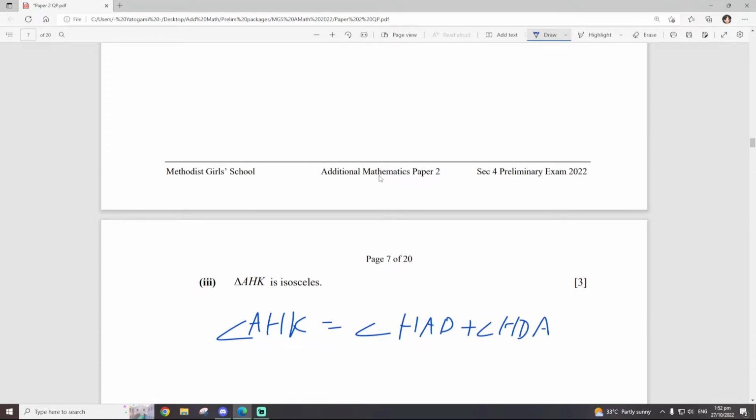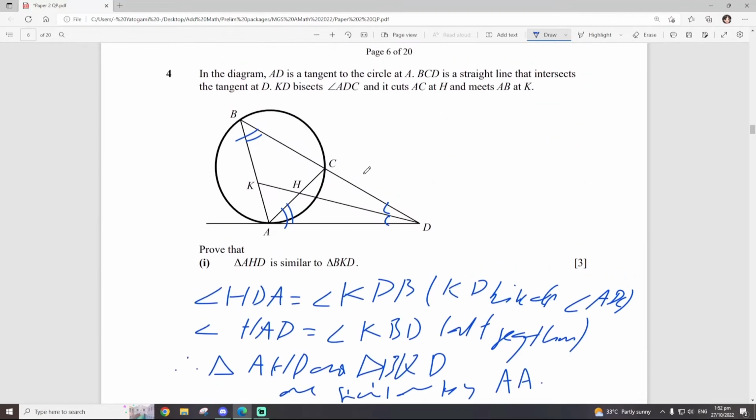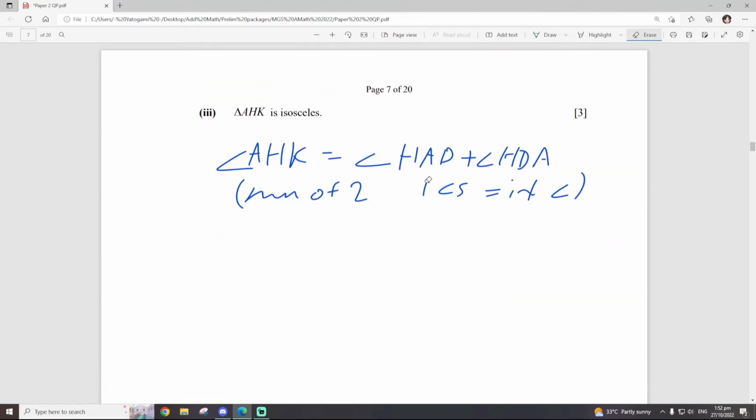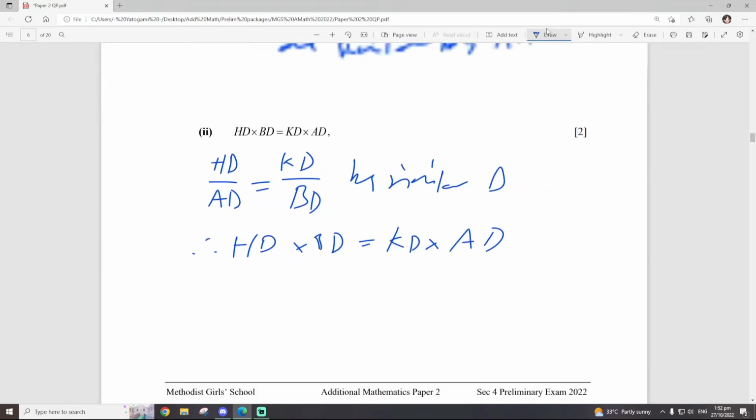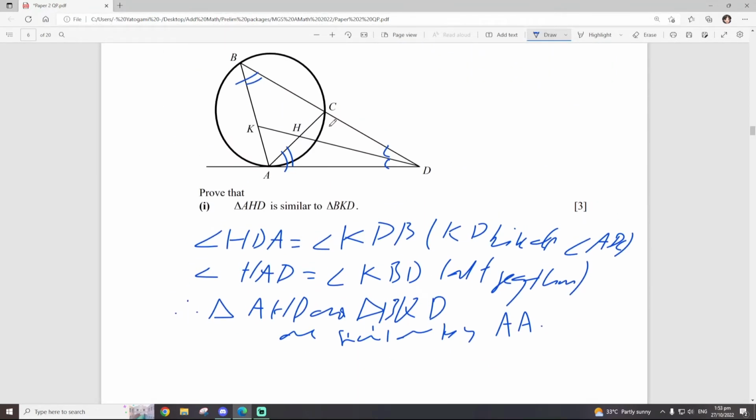Because of the sum of two interior angles equals the exterior angle, sorry. Okay, and then for the same reason, I can write AKH is KDB plus KBD.